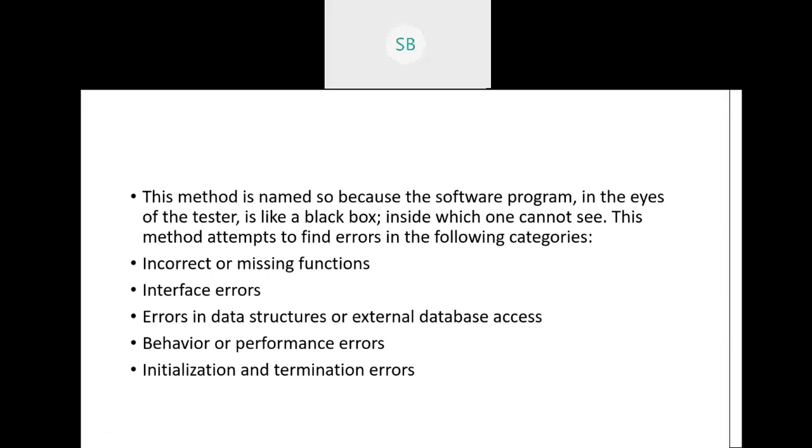Then behavior or performance errors, how slow, how fast the response time is. Then obviously termination errors, whether if you are clicking on the cancel sign, whether the page is canceling or not, whether the interface is canceling or not. These kinds of errors you can find by going for the black box testing.